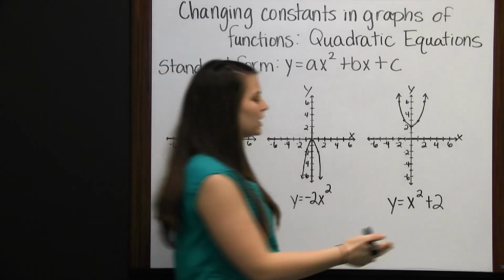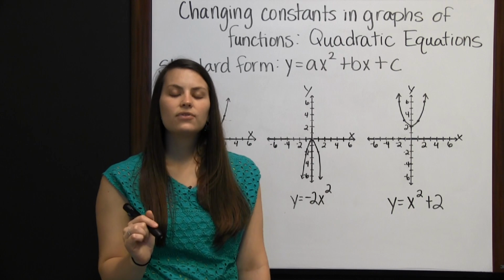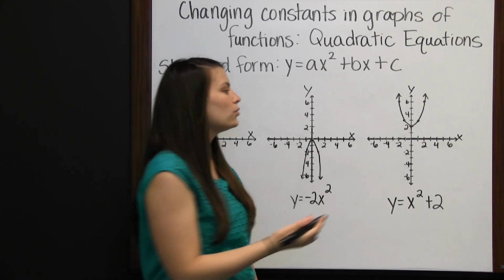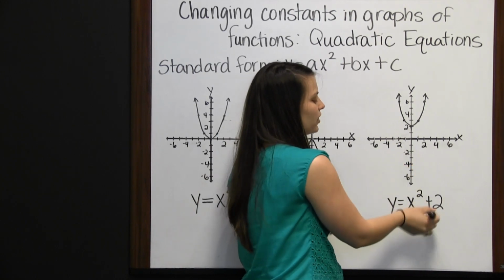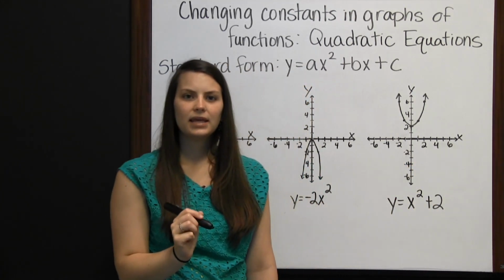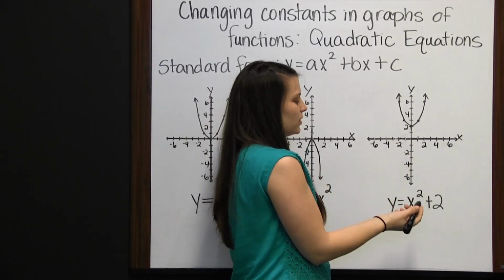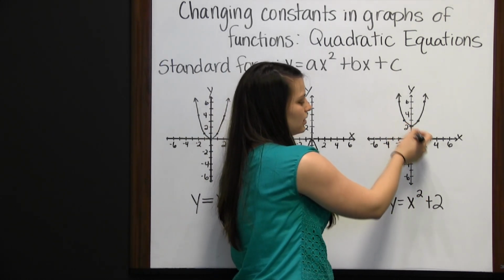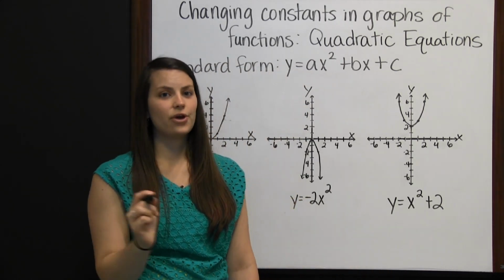So the c will always be the y-intercept of the quadratic equation, but it won't always be where the vertex is. If there is an x term in there, then that's not going to be where your vertex is. The only reason the vertex is the same as the c is because there is no x term.